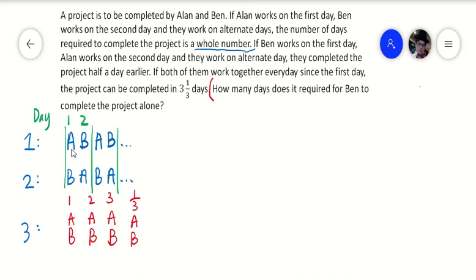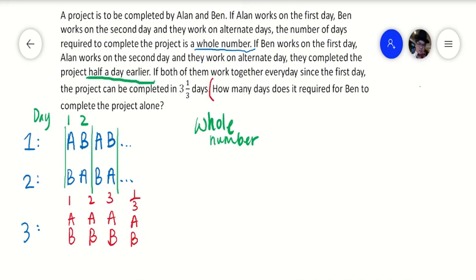A works for the first day, B for the second day. This is B for the first day, A for the second day. So we know that they complete the same amount of work. This goes on for another 2 days. Now the question says for situation 1, the number of days to complete the project is a whole number, and for situation 2, half a day earlier.